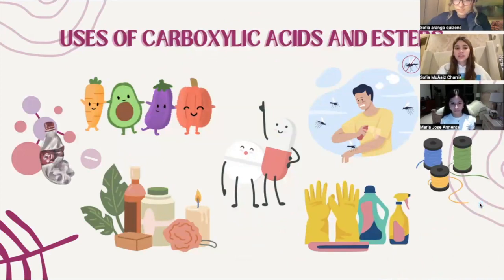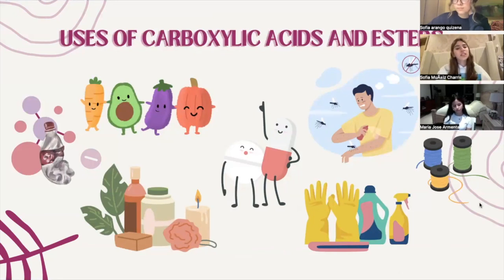Carboxylic acids are used in everyday things, like, for example, in food production. They help enhance the flavor of some products, like, for example, acetic acid is used in vinegar, and they also help preserve the food. Another of their important uses is in the pharmaceutical world.